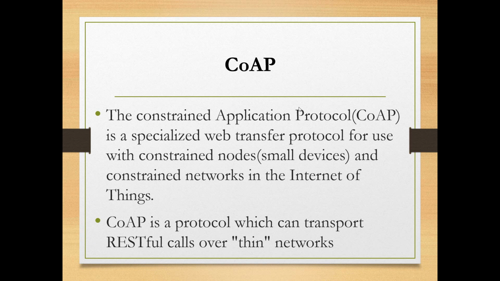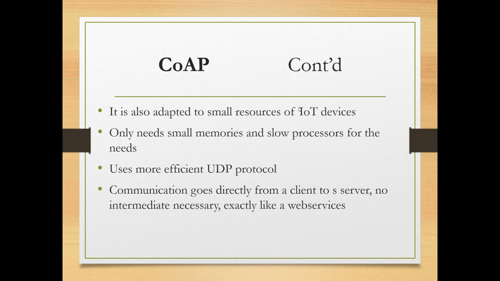The constrained application protocol is used in web transfer for constrained nodes or small devices and constrained networks in the Internet of Things. It is adapted for small resources of IoT devices, and it needs only small memory and slow processors.